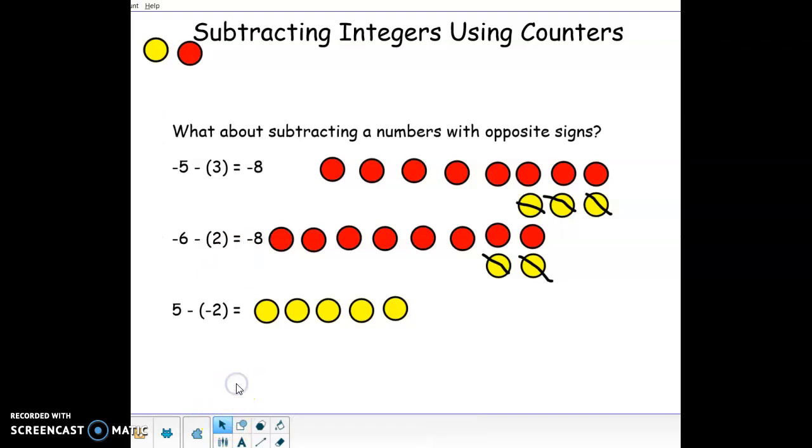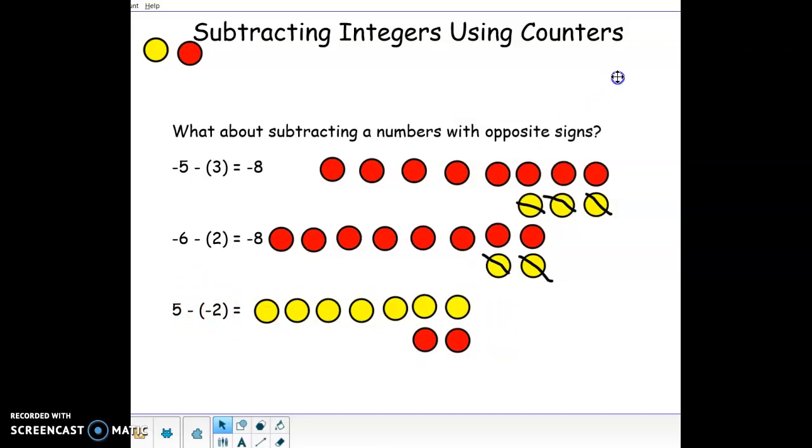Okay? Now, it works the same way as if you were taking away a negative from a positive. Okay? So I'm taking positive 5 minus a negative 2. So if I have here my 1, 2, 3, 4, 5 positives, I need to take away 2 negatives. So I don't have any negatives to take away here, so I have to create 2 0 pairs to create those negatives that I can take away.